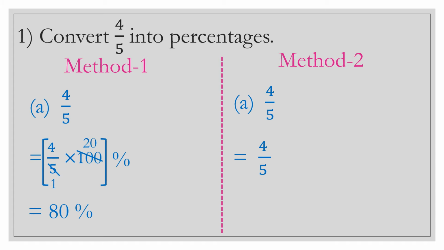So multiply numerator and denominator by the same number 20. 4 20s are 80 and 5 20s are 100. So we get 80 upon 100. That means 80%. So what you observe? Yes, both the methods will give you the same answer. So you can choose whichever will be easier for you. But I feel the first method is more easy to understand.